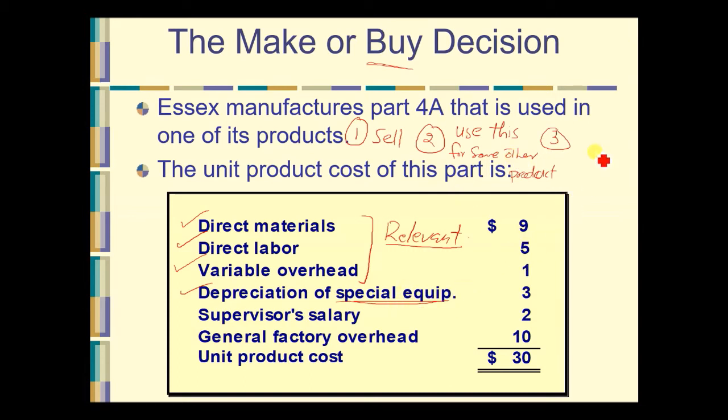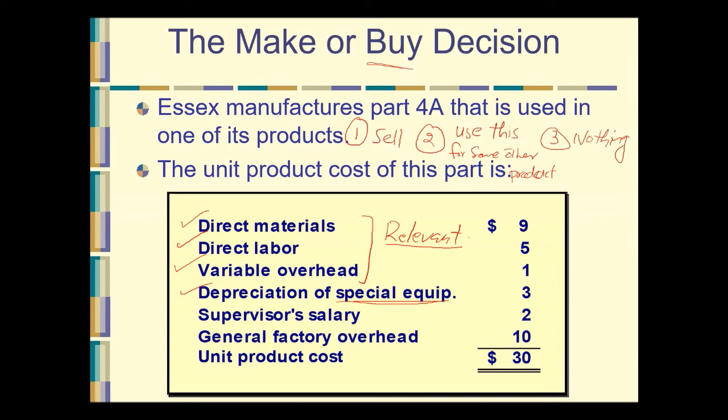This is some special equipment which cannot be used for any other product. This has no resale value, nobody is willing to buy that product, so you cannot sell it, you cannot get anything out of it.